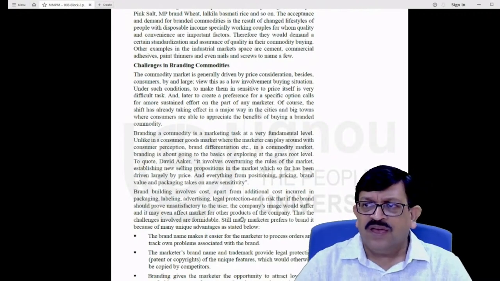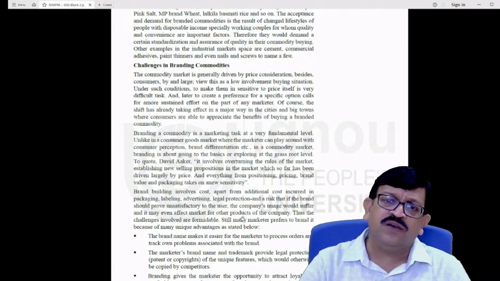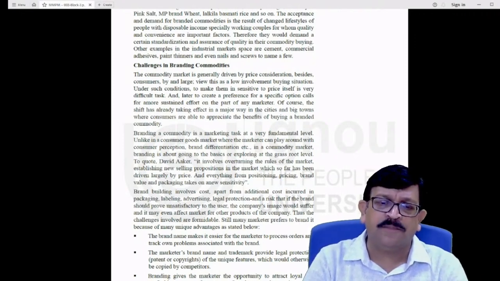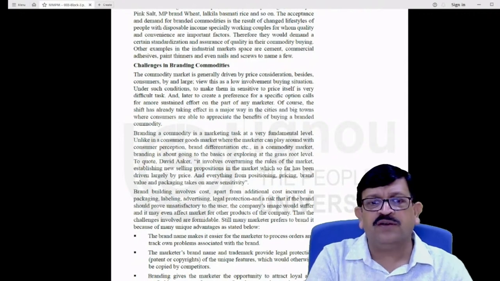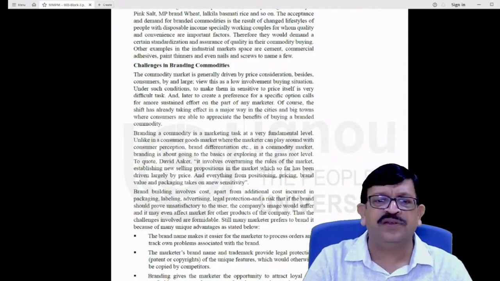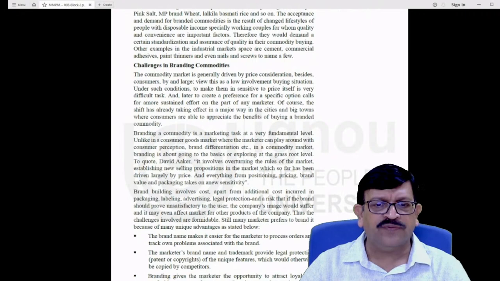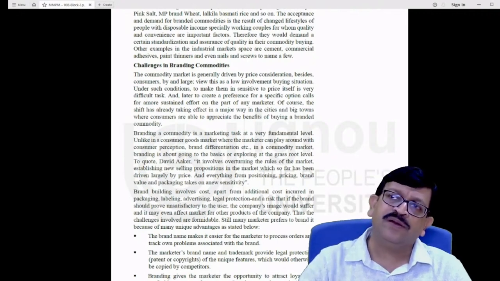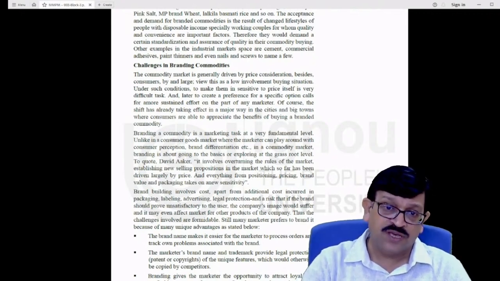Haldirams, for example, has built from a homemade kind of scenario to something which is a big brand today, across various kinds of snacks and eateries, those kinds of product offerings. Today the brand has moved from a commodity to become a branded product and is able to leverage a premium from the customers.